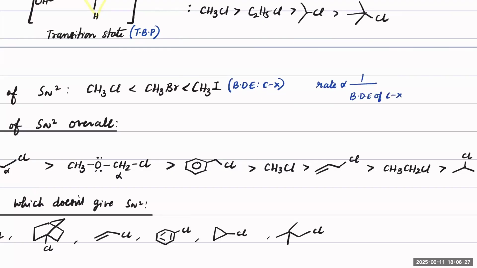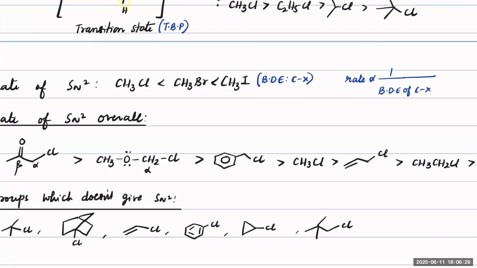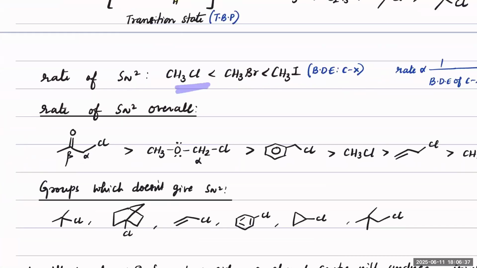The larger the C-X bond dissociation energy, the lower the rate. Breaking the fluorine bond becomes very difficult, so usually fluorides do not give SN2. Chloride, bromide, and iodide will give SN2, and out of that, iodide is faster than bromide, which is faster than chloride. But while comparing this, all alkyl groups should be the same.